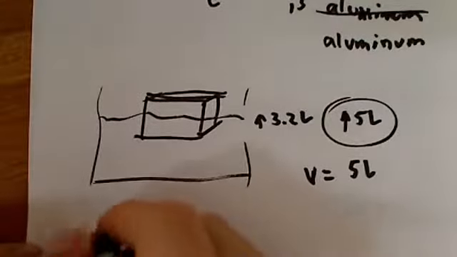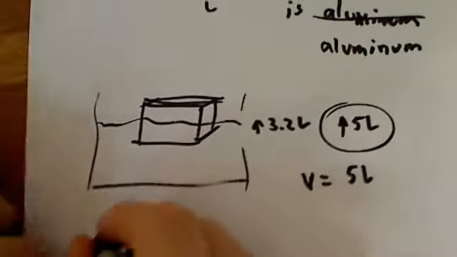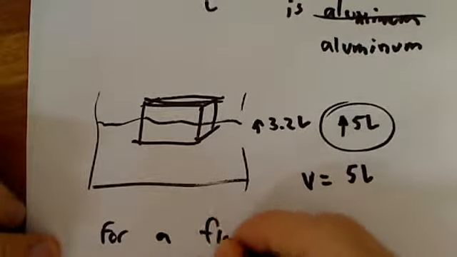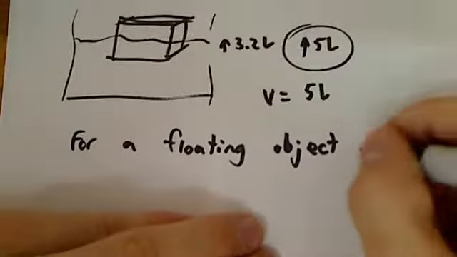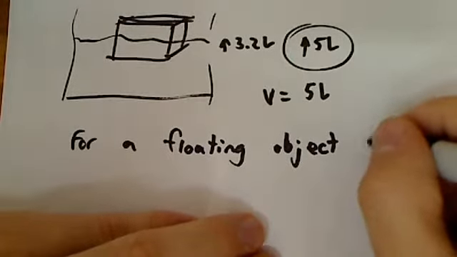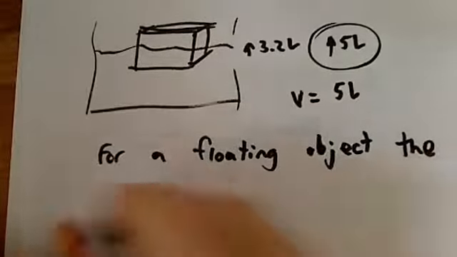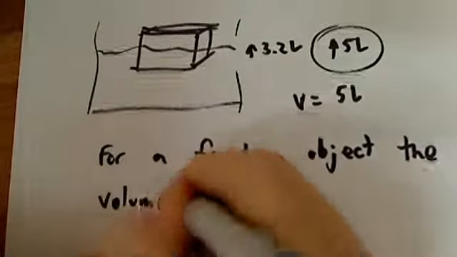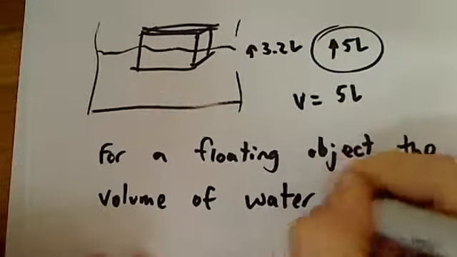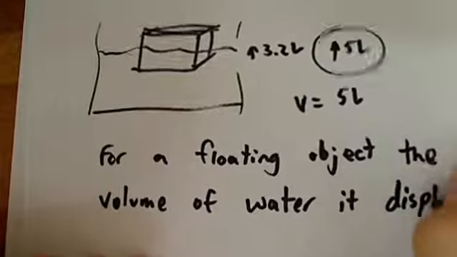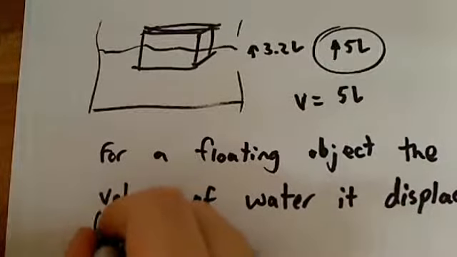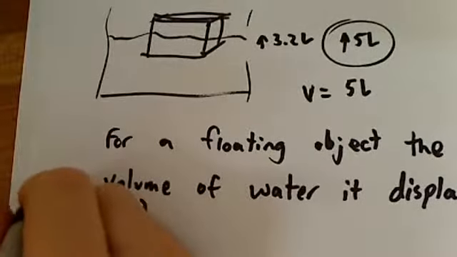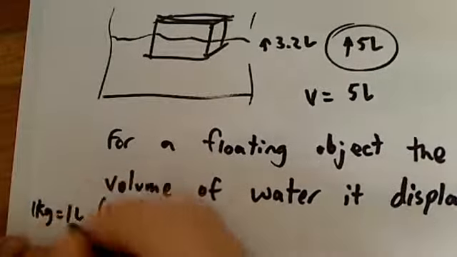You'll see that for a floating object, the volume of water it displaces, or we can say instead of volume we can say mass, because 1 kilogram of water is equal to 1 liter of water.